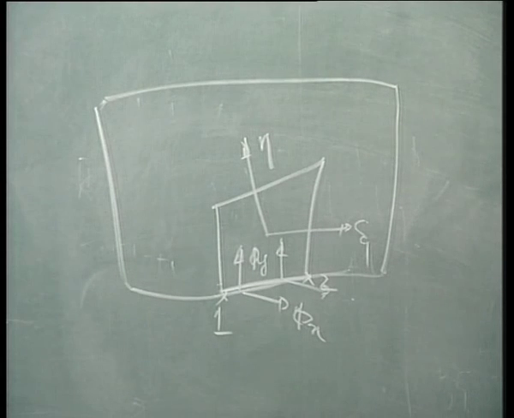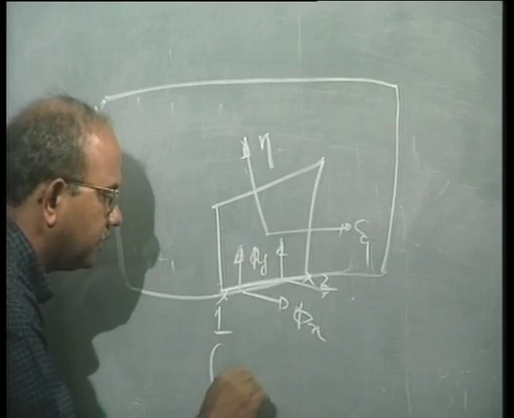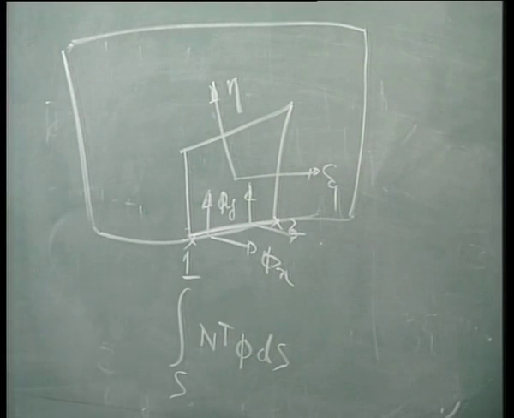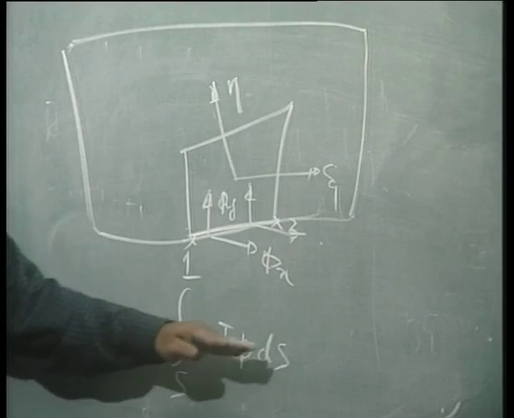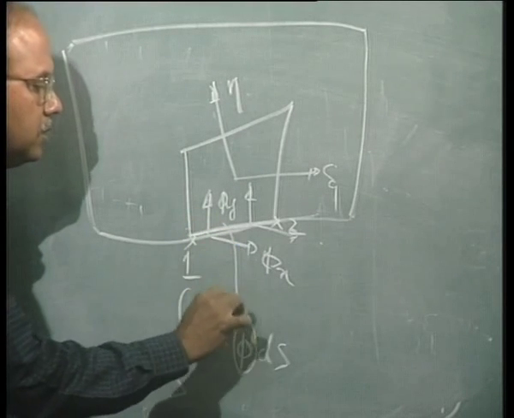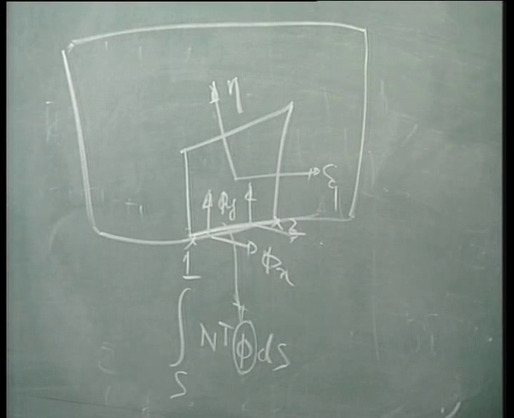Now what is it that I have to do? I have to now calculate the right hand side. What is the right hand side? If you remember, the right hand side is N transpose phi ds over s, or in other words, we have to evaluate a surface integral which is N transpose phi ds. This phi is given as phi x and phi y. We know what is N, we have been through it for quite some time.